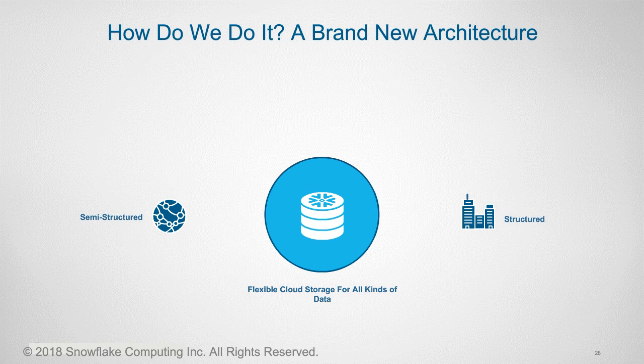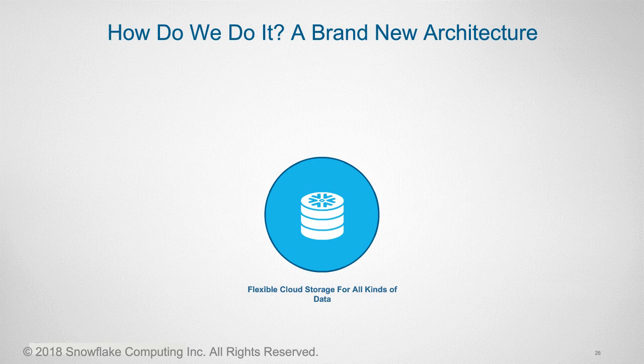But it uses Snowflake's own file structure on top of that, which allows us to easily ingest and store both structured and semi-structured data. Because it's built on top of S3 or Azure Blob Store, it's effectively infinitely scalable. It gives us the reliability and the resilience that you get from those layers.